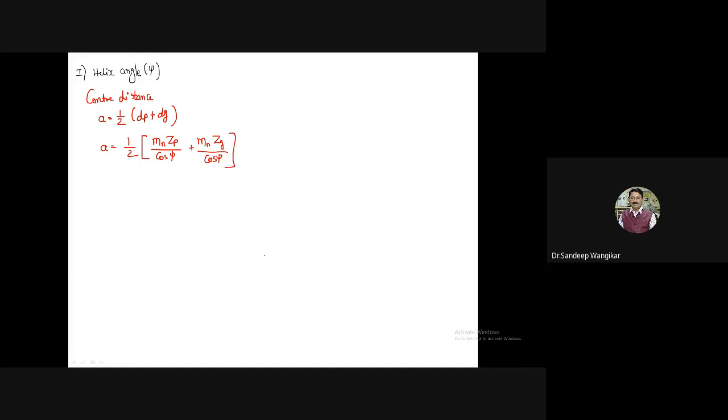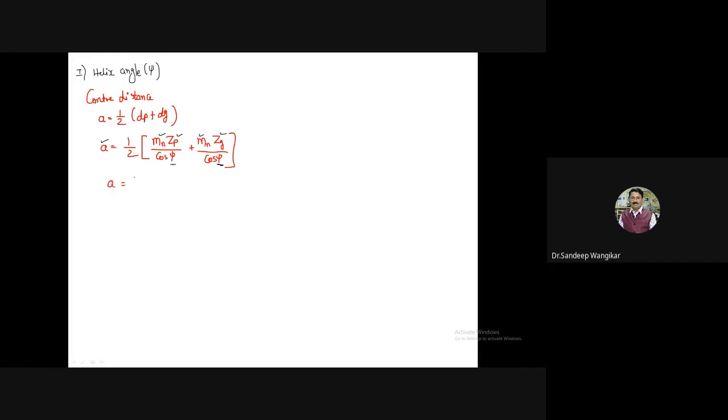Now if you look at this formula, what do we have? Center distance is given, normal module is given, number of teeth on pinion is given, again normal module and number of teeth on gear are given. If you look at this formula, the only unknown is psi. So if I put in all the values, then very easily I can calculate psi. So just substitute all the values, and you can also go for the simplified version of this formula.